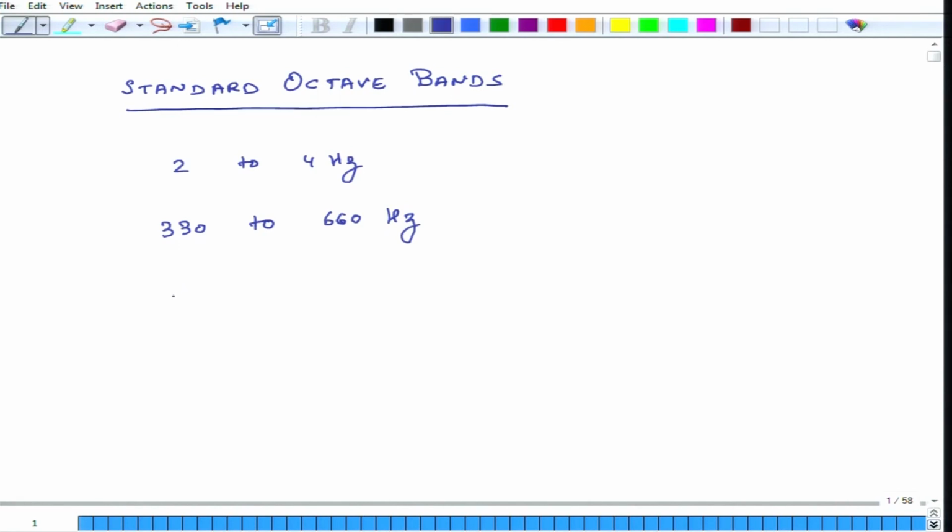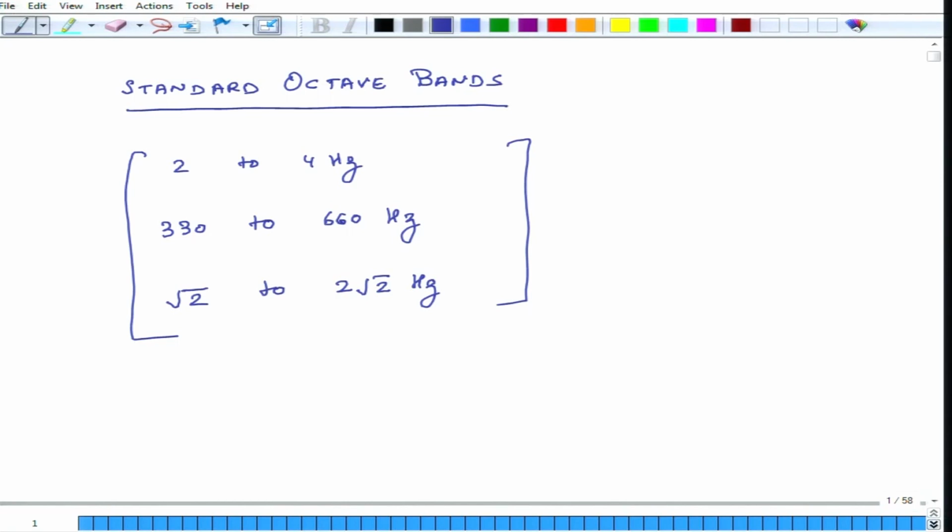Or you can have square root of 2 hertz to twice of that. The point I am trying to make is that as long as the ratio of the upper frequency limit and the lower frequency limit is 2, it is an octave.